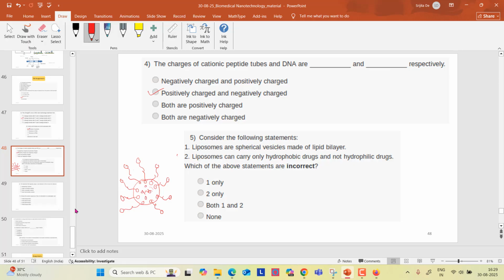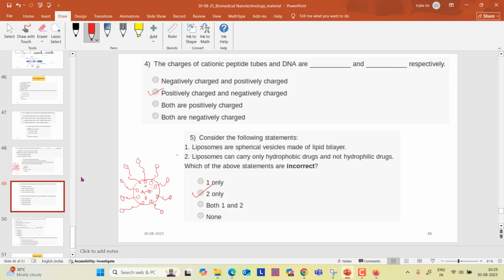It may be hydrophobic or hydrophilic. Both will be carried by liposomes. So only two is incorrect. One is correct, two is incorrect.